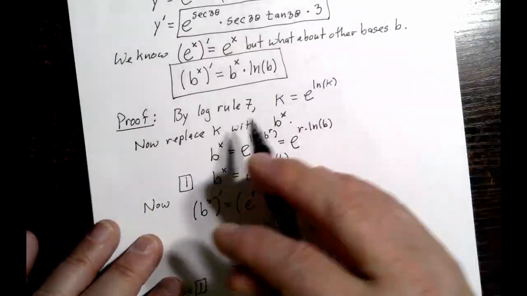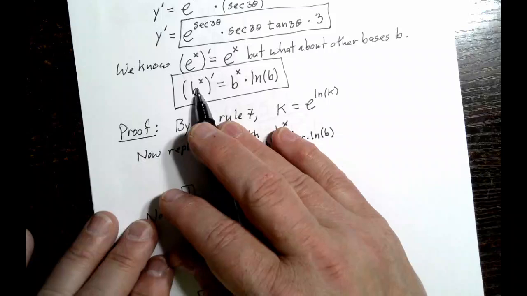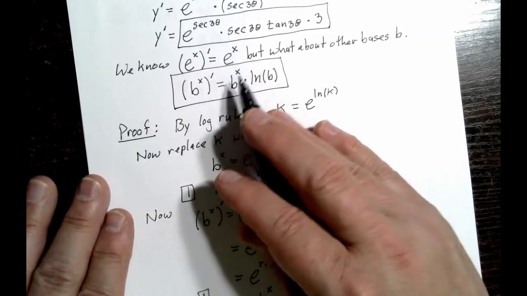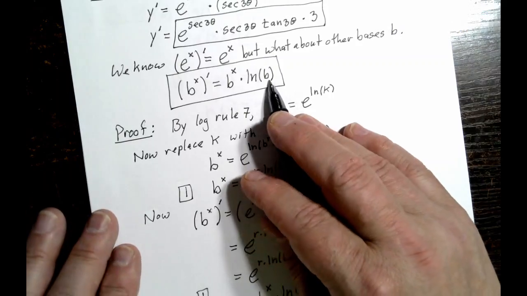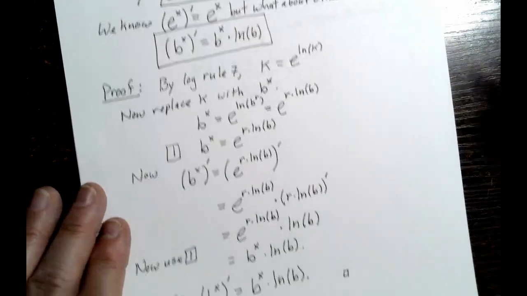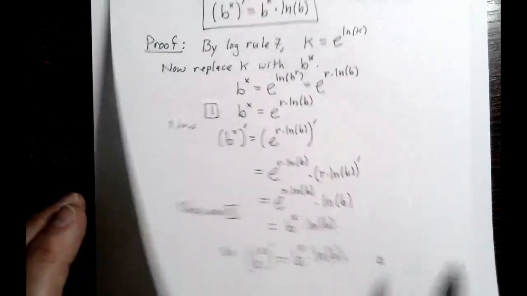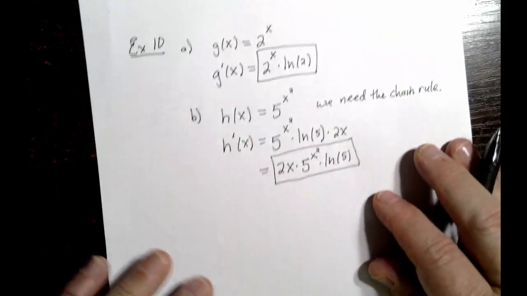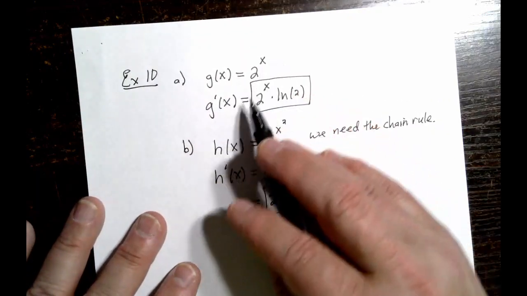Alright. Now here they talk about the derivative of any number raised to an x power: it's just that times the natural log of the base b. They gave you a proof here, and if you want to look at it, you can work your way through it. That's up to you. It's your choice. But here, if you're given 2 to the x, what's the derivative?